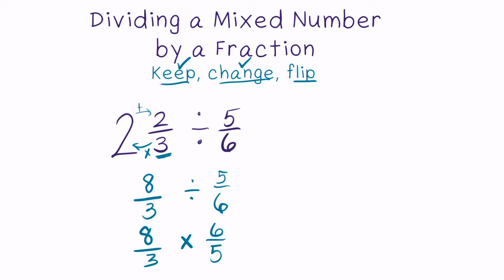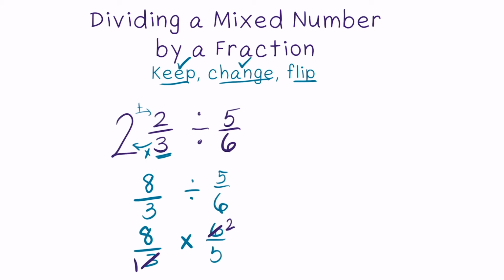In this case, 3 and 6 share the common factor of 3. Because of that, before we even begin the problem, we can simplify each of these digits by dividing them by the common factor of 3. 3 divided by 3 is 1, and 6 divided by 3 is 2.